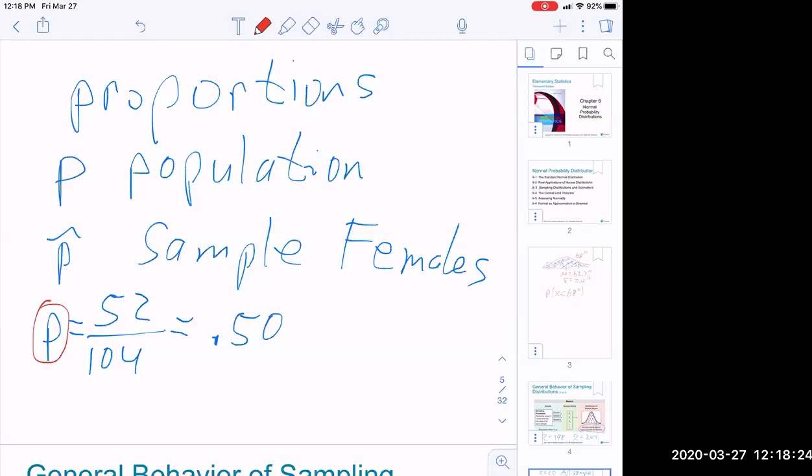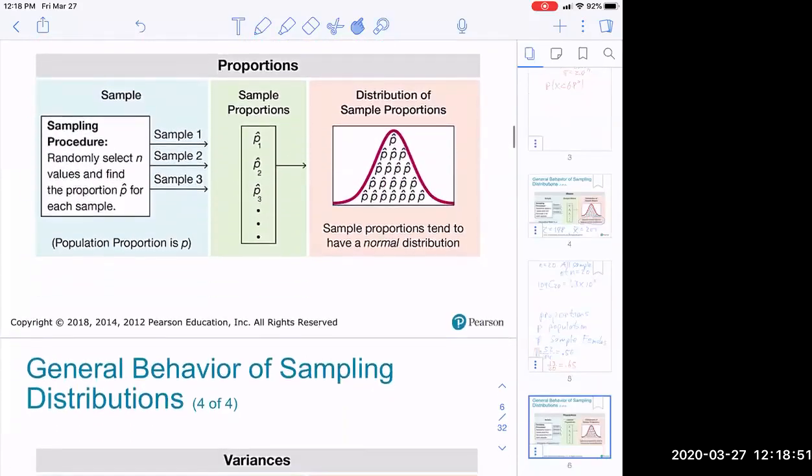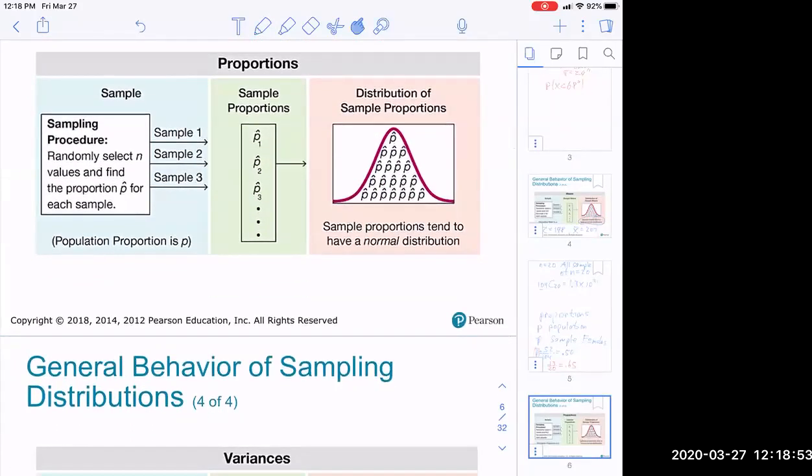Now suppose I did a sample of 20 and I got 13 bears. My sample proportion is then 0.65. So if we did all sorts of these proportions, all the ones of size n equals 20, our distribution of sample proportions also has a normal distribution.